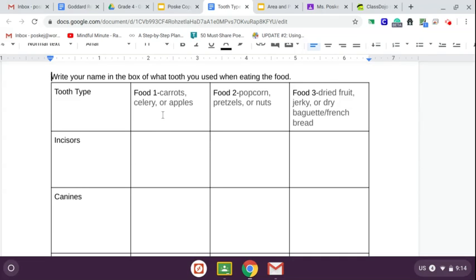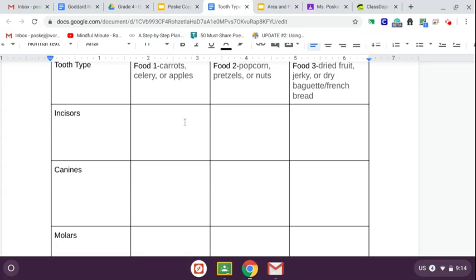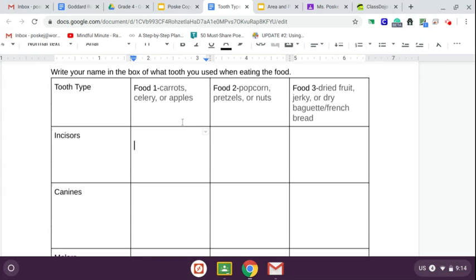And if you have different kinds of food that you wanna try out at home, say today if you eat a pretzel and you're like, "Wow, I used my incisors to eat a pretzel," I would write pretzel.